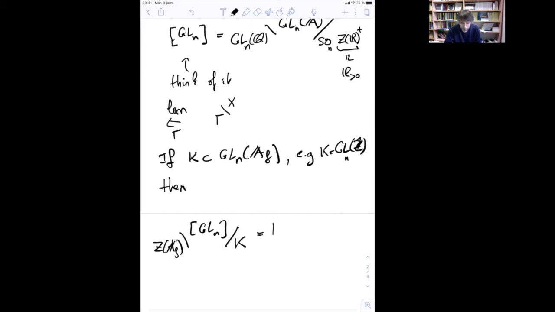It's not quite true. It's only a finite union of such X over gamma_j.